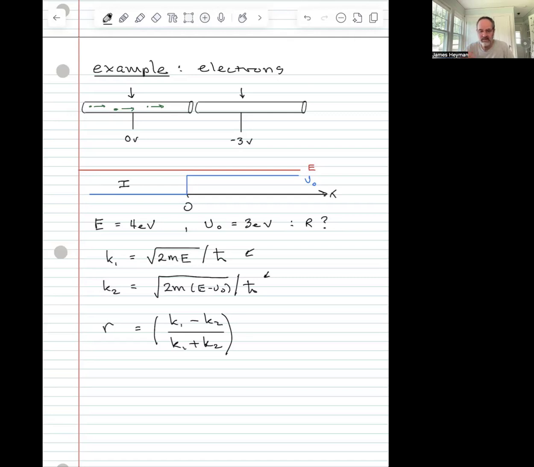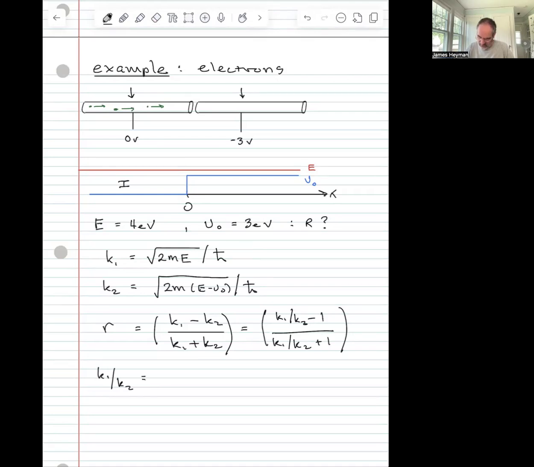So it would be helpful to rewrite this. Let's divide the numerator and the denominator by K2. What do we get then? We get K1 over K2 minus 1, divided by K1 over K2 plus 1. That might be a nice way to approach this problem, because then we only need to figure out what K1 over K2 is.